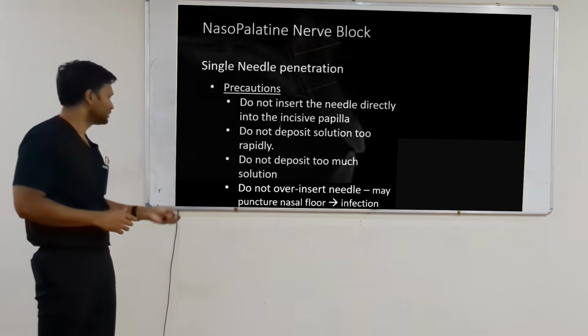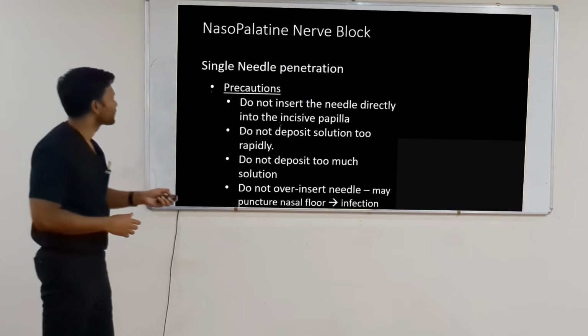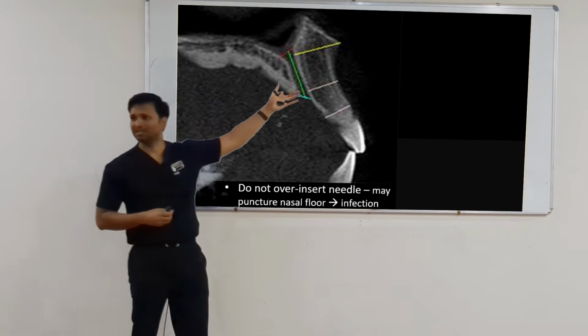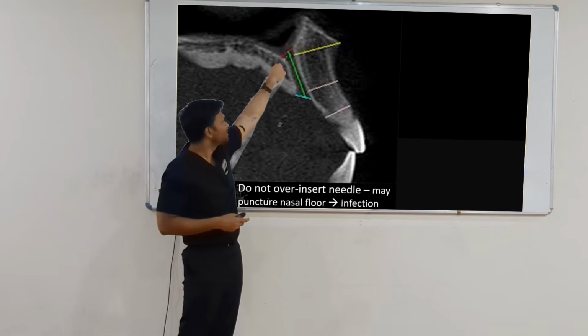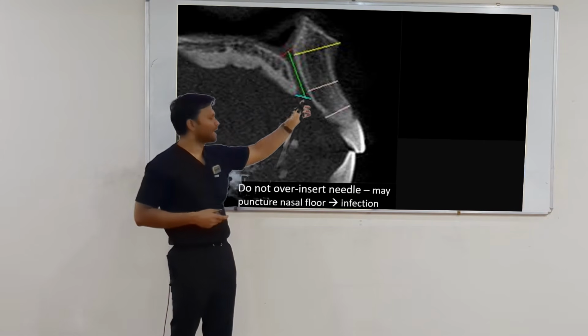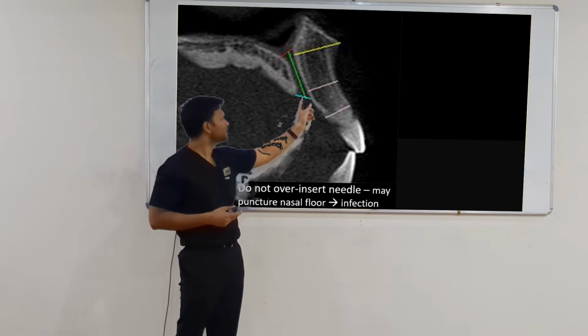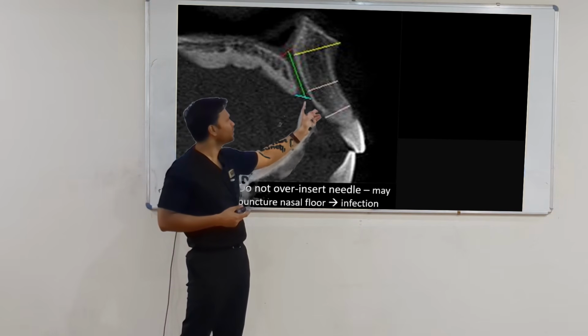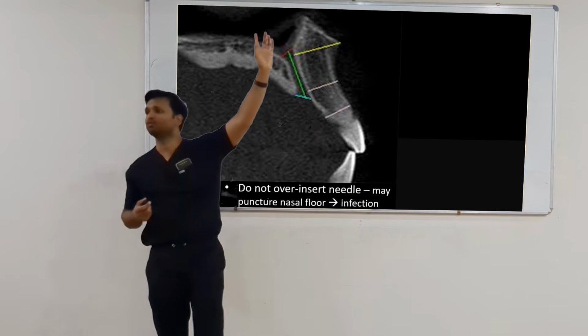Can you see this? This is the cross section, CT scan of the patient's palate. This is the nasopalatine canal. This is the incisive foramen. So instead of going at an angulation, if you go straight and you don't feel any resistance and you keep on inserting the needle, you might go into the nasal floor.